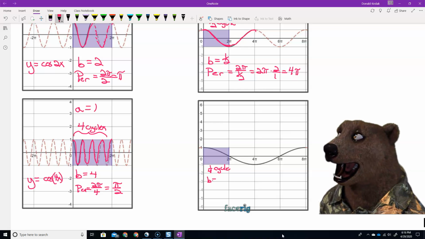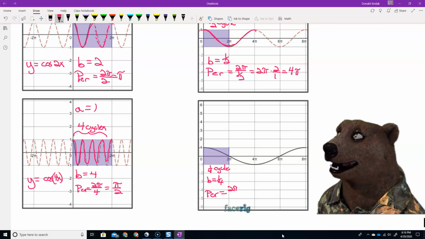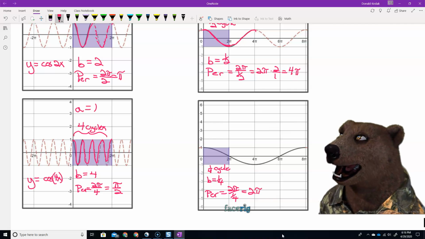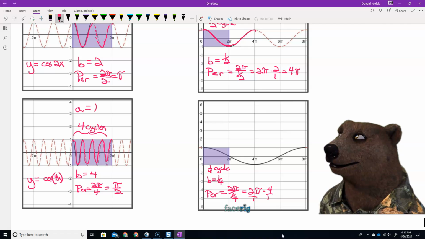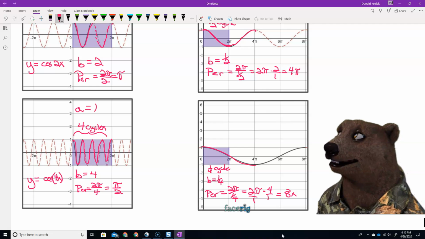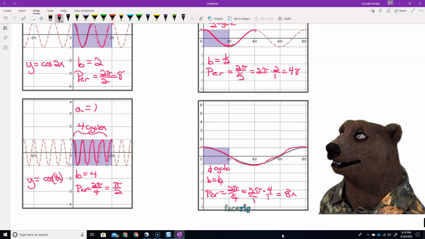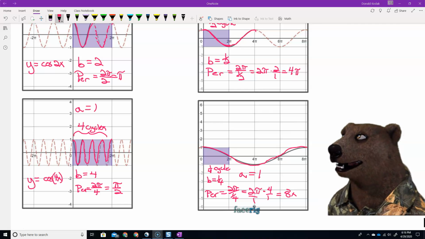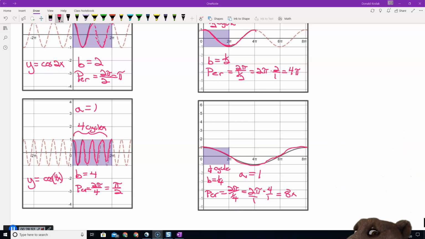So b is 1/4, my period is 2 pi divided by 1/4. That's 8 pi. And you could see now, this thing doesn't repeat until it gets all the way to 8 pi. Okay, our a value is 1. So our equation here is y equals 1 cosine 1/4 x.